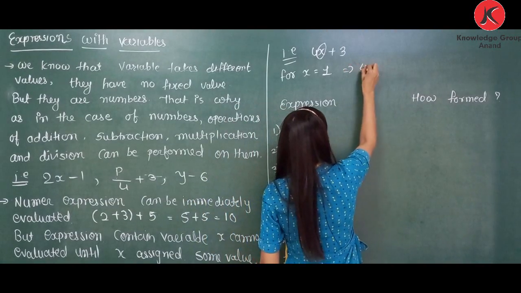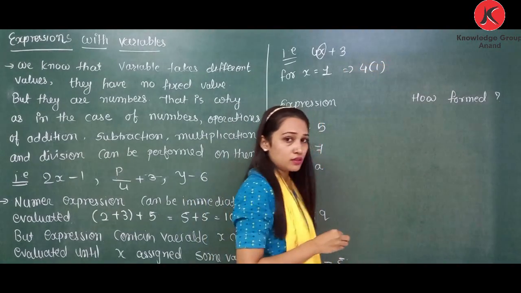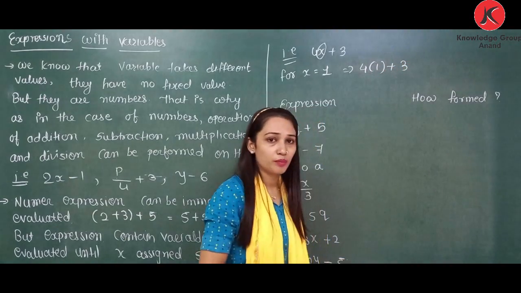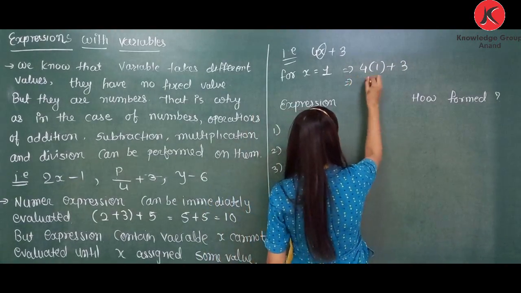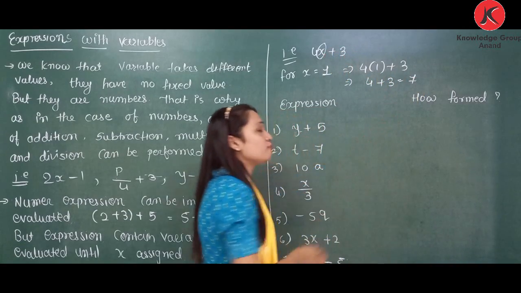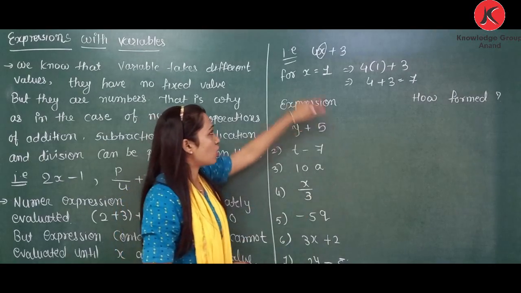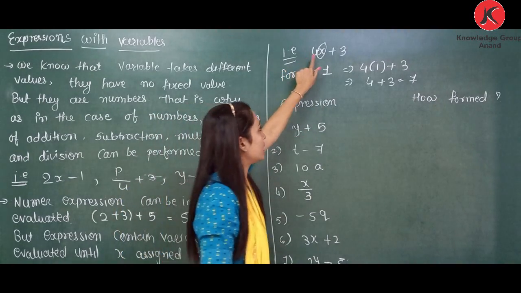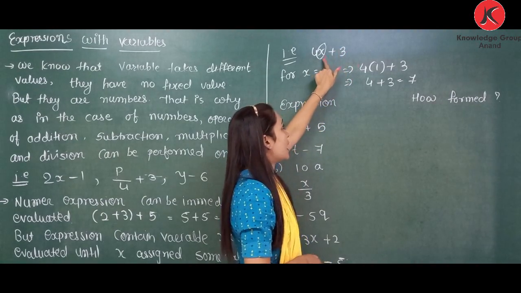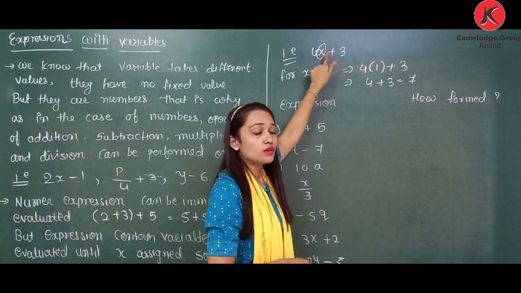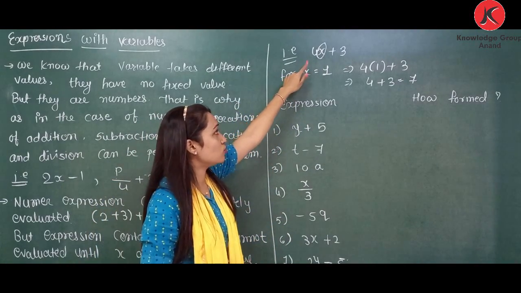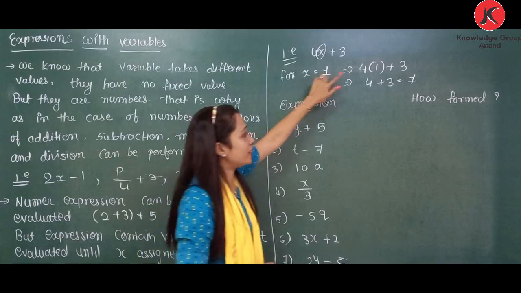So we get 4 multiply 1 plus 3. Here these two numbers are in a multiplication. So 4 multiply 1 is 4, plus 3, that is 7. Until we assign a value to x, we cannot solve this expression. We cannot write it as 7x. Until we assign a value to x, we cannot solve 4x plus 3. After assigning the value of x as 1, we get the answer 7.